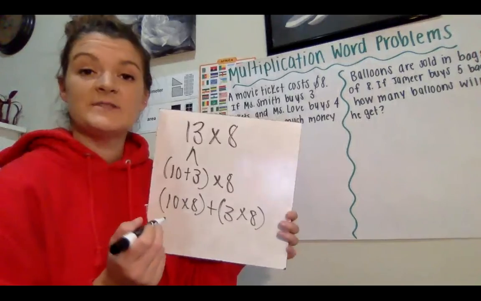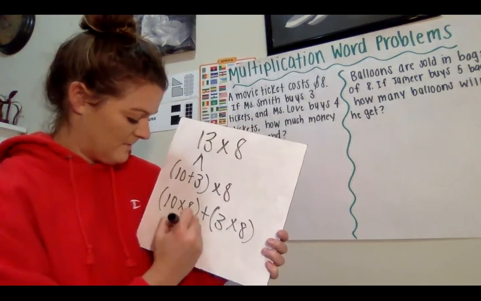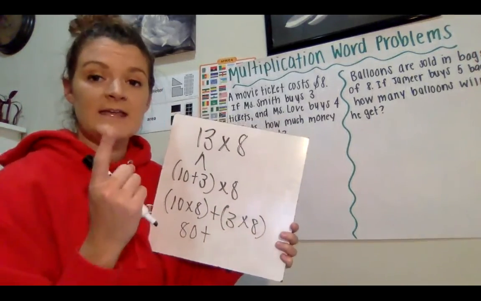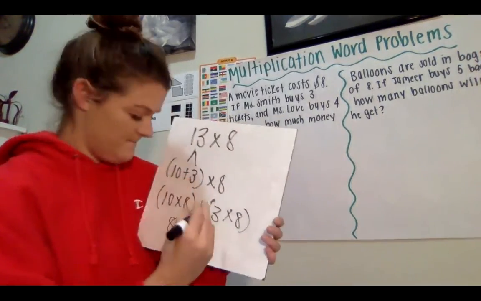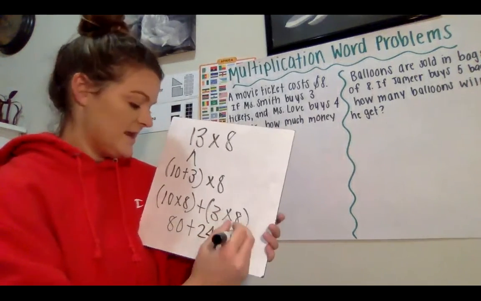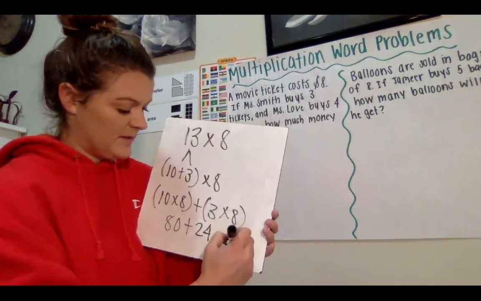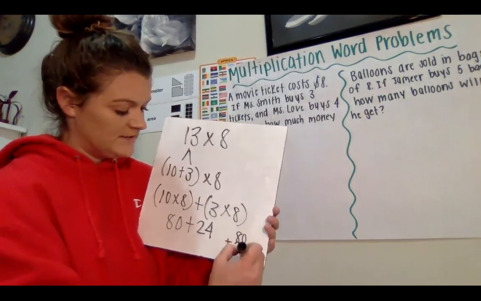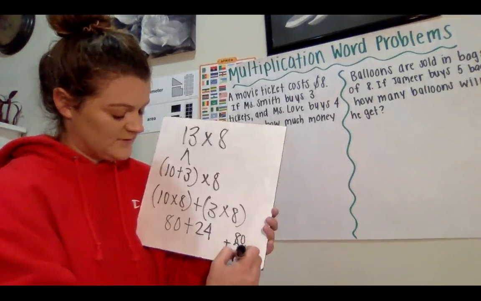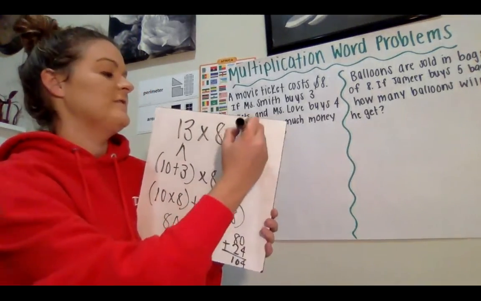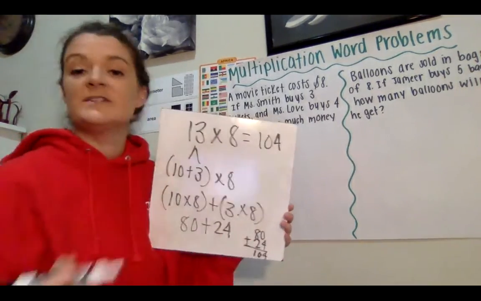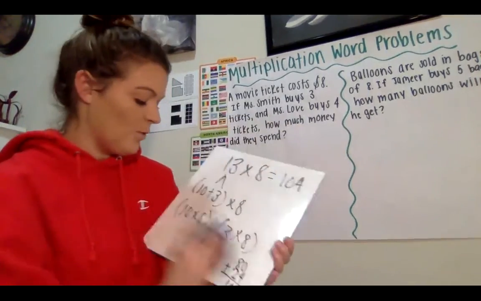Everybody knows 10 times 8 makes 80, plus 3 times 8, 16, 24. So then I need to add 80 plus 24. 0 plus 4 is 4. 8 plus 2 is 10. 104. 13 times 8 is 104.